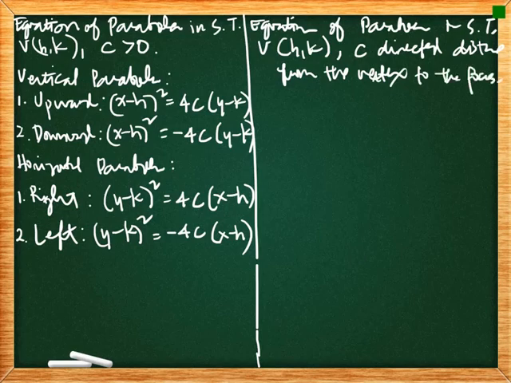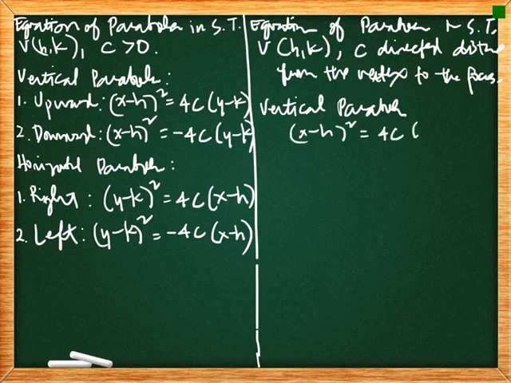Okay, so we have a theorem for that, and the vertical parabola has an equation (x minus h) quantity squared equal to 4c times (y minus k). And when your graph opens upward, c is positive because the focus is above the vertex. And when we say directed distance, it's going up.